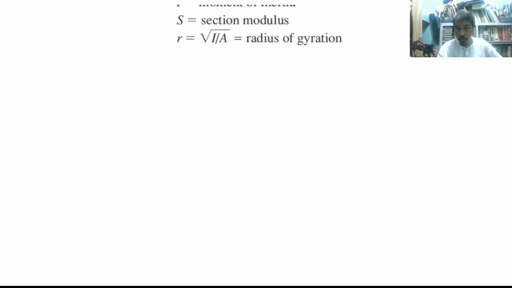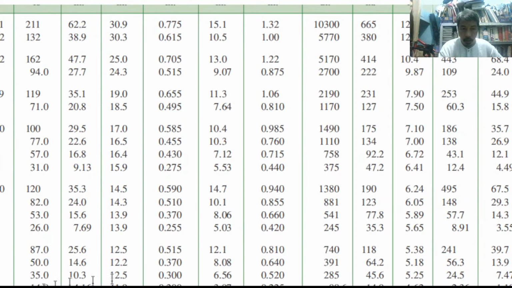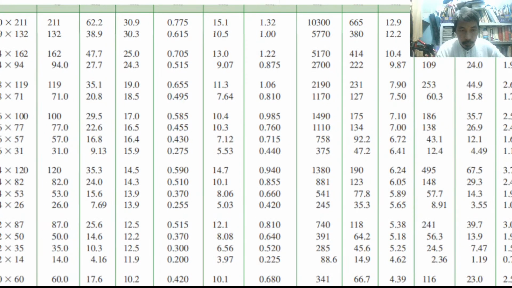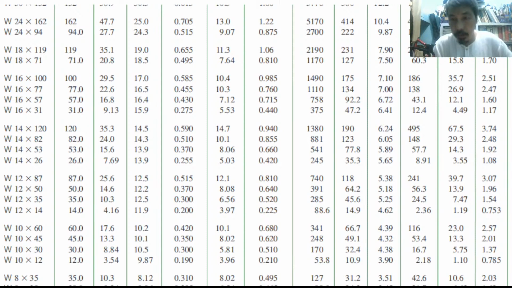So this is your table. It is not complete. As you can see, you have this W 10 by 30, and 10 by 12, but you need to look for 10 by 22.